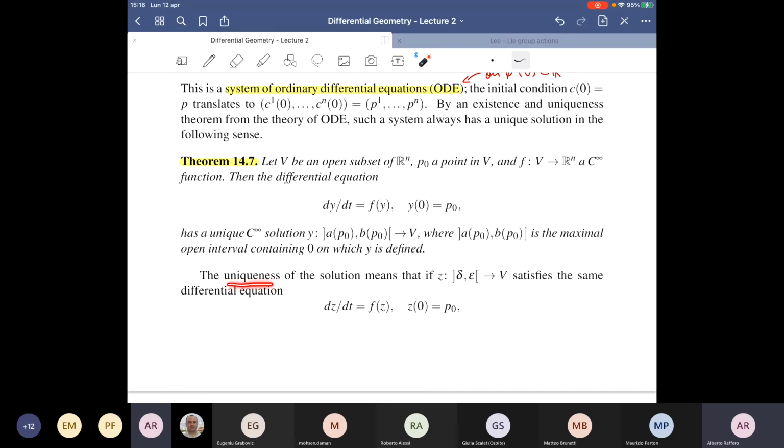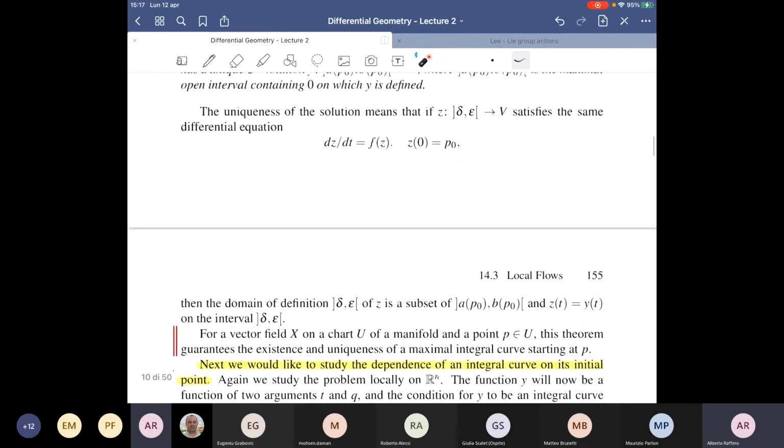And what does the uniqueness mean? Well, it means that if you have another curve solving the same ODE with respect to the same initial point, then this solution has to coincide with the other solution you have on their common interval of definition. So this is what uniqueness means.